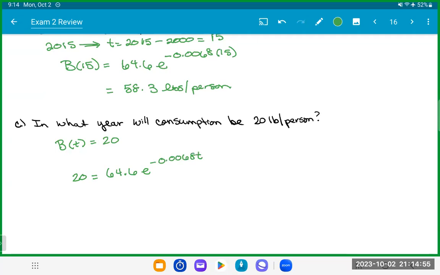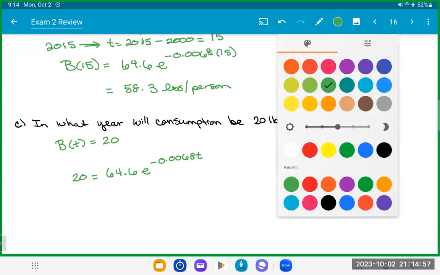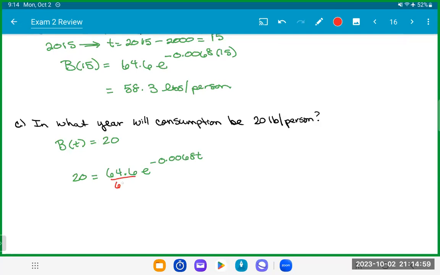Okay. We divide both sides by the 64.6 because we have to get e by itself before we can take the ln of those. So that's going to be 20 over 64.6 is equal to e to the negative 0.0068 t.